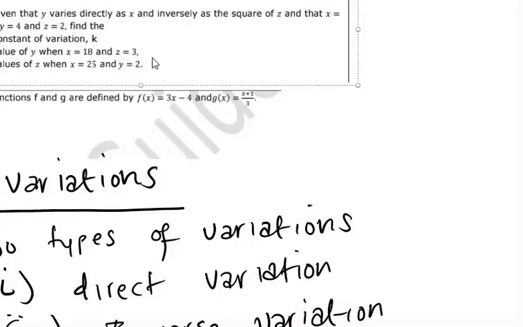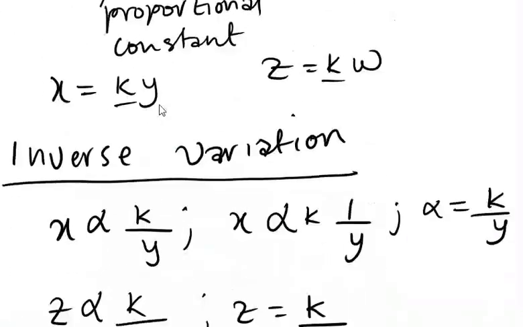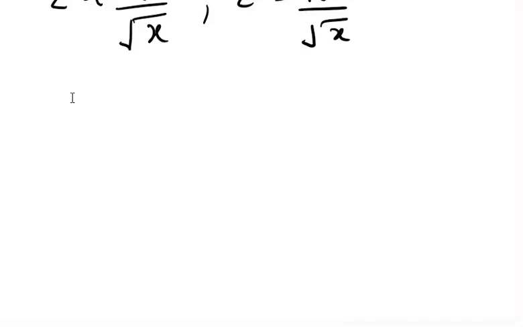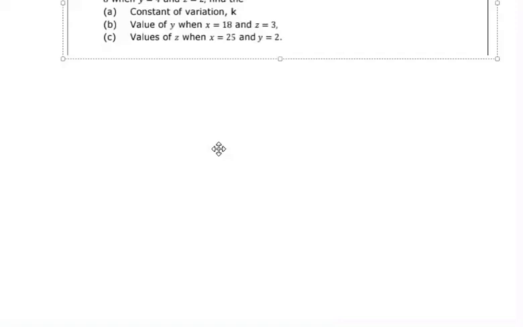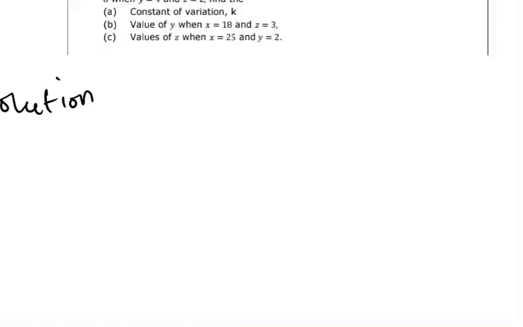So now let's dive directly into the question. I'll paste the question here. So this is 13. Now we have to get to the solution. Given that y varies in direct proportion to x.